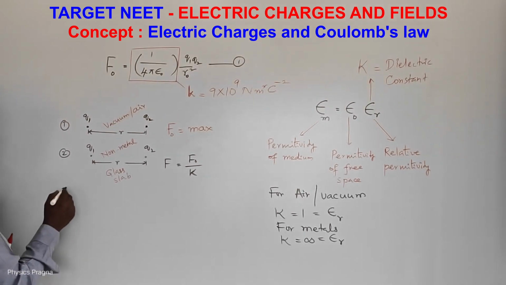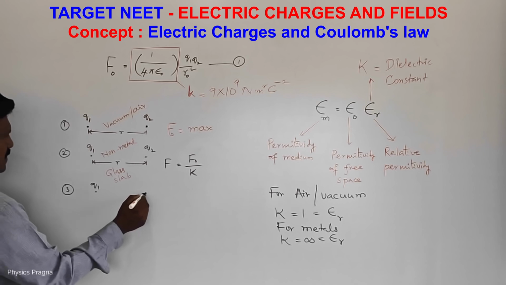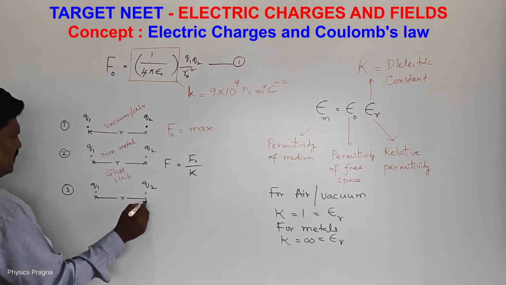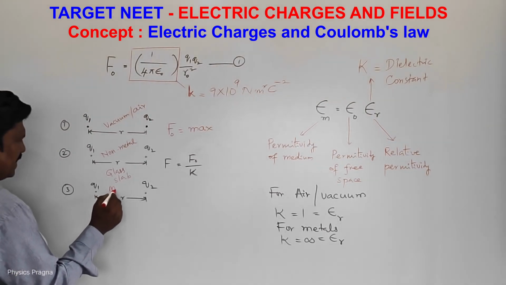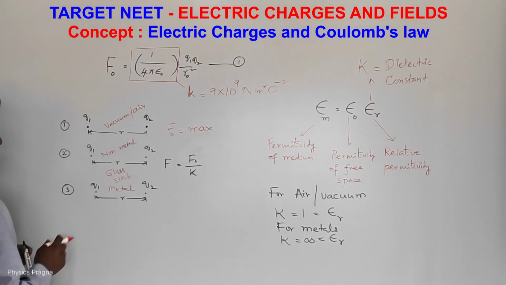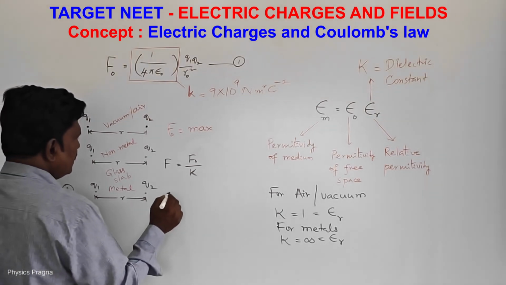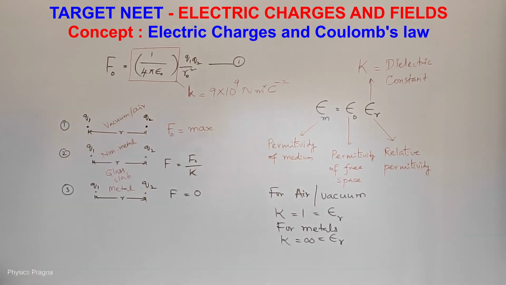So if this is Q1, this is Q2, this is the distance between them, and in between, metal is there. Metal K is equal to infinity. So F is equal to 0.